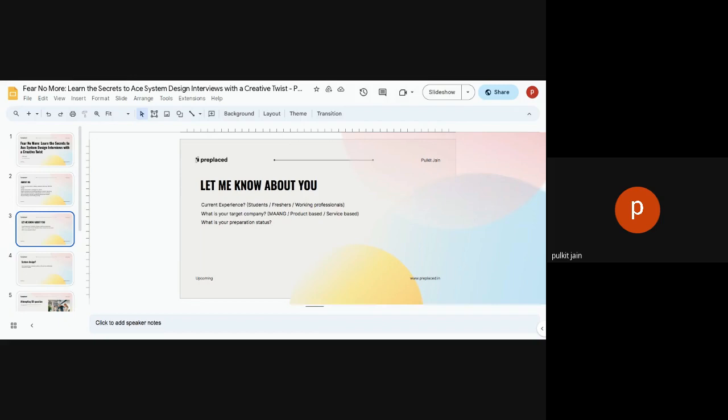Design interviews are a little different from DSA in the sense that there is no perfect algorithm out there. It depends on what fits the use case best. In DSA, usually there is a standard algorithm available, but in design it may or may not be the case.